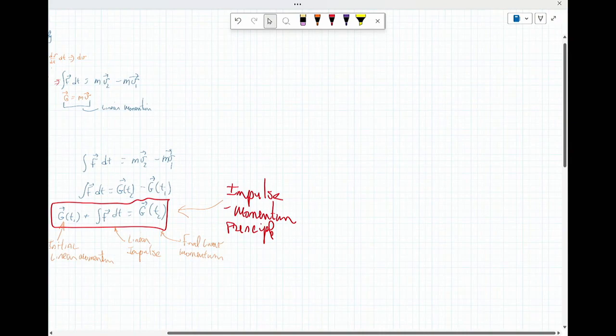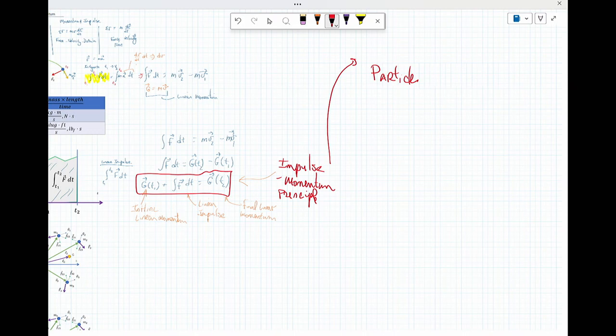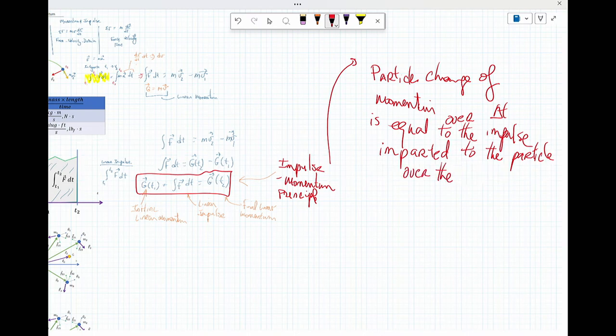And I ended up not giving myself enough room. So the particle change of momentum over delta t is equal to, over some interval, the impulse imparted to the particle over that time.